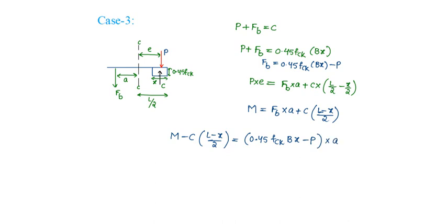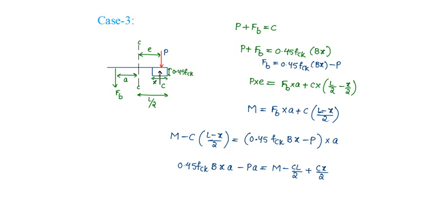From this, 0.45 FCK B into X into A minus P into A will be equal to M minus C into L by 2 plus C into X by 2.